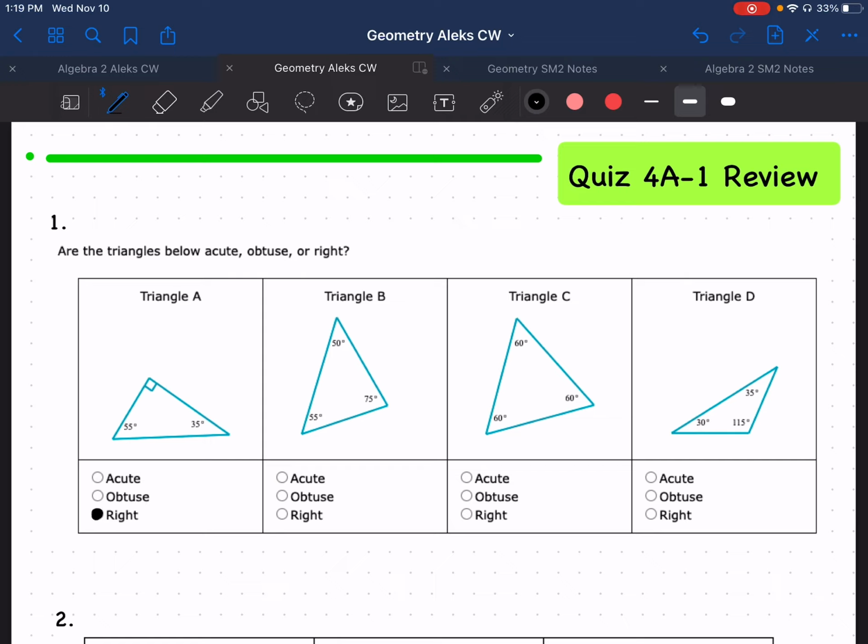Triangle C, once again, 60, 60, and 60. This triangle is acute. We could also call it equiangular, but we're not doing that. We're just doing acute, obtuse, or right today. And for our last triangle, triangle D, I noticed there's a 30, a 35, and a 115. The 115 makes this triangle obtuse.